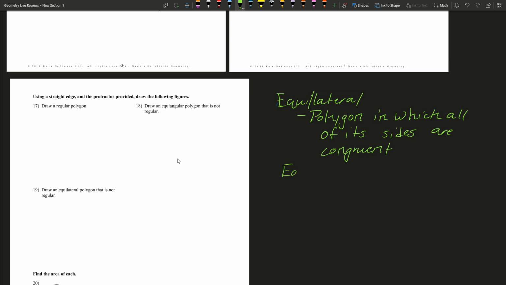Equiangular is a polygon in which all of its angles are congruent.